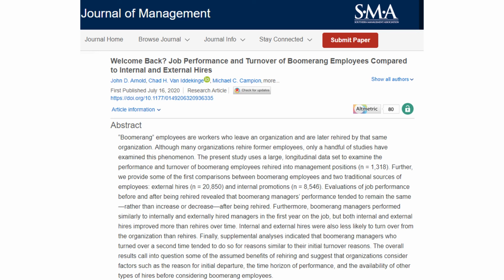To explain the findings, the researchers used behavioral consistency theory, which holds that past behavior is a good predictor of future behavior. My question is, can you apply the self-determination theory to explain their research results about the performance differences among the boomerang employees, internal hires, and external hires?